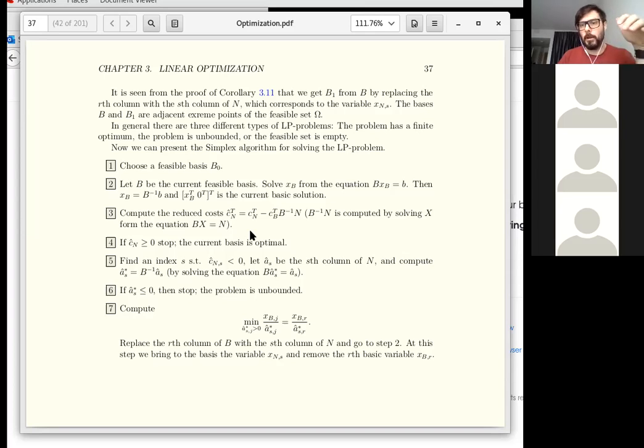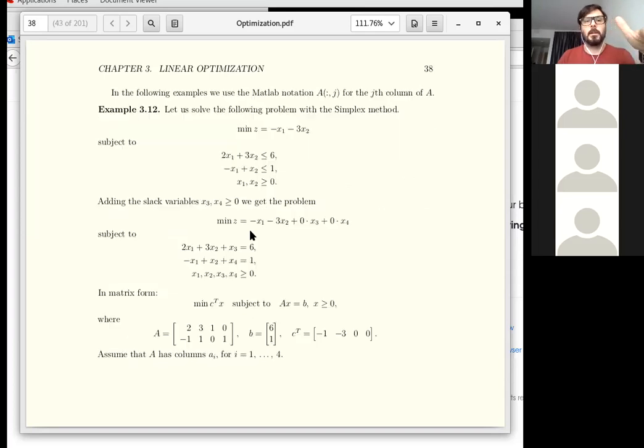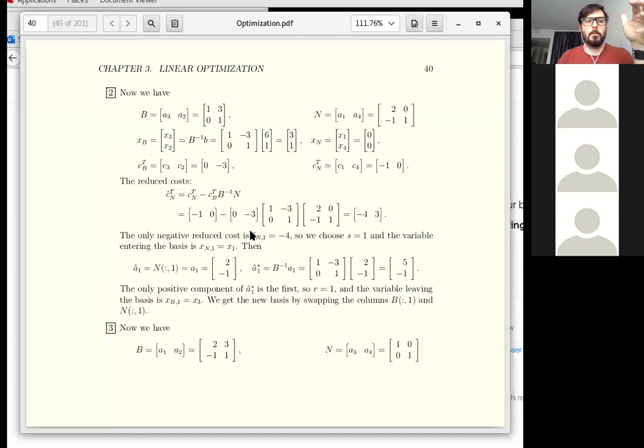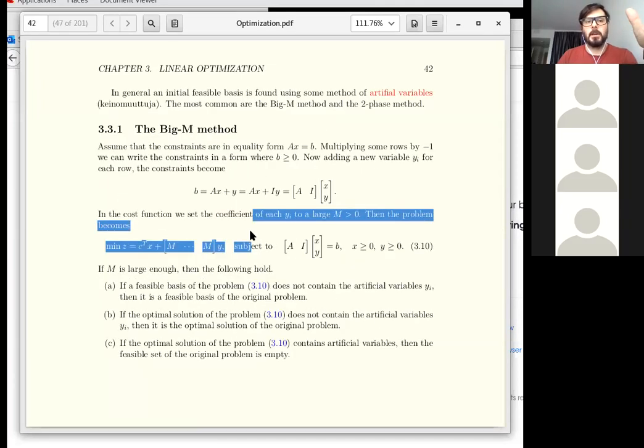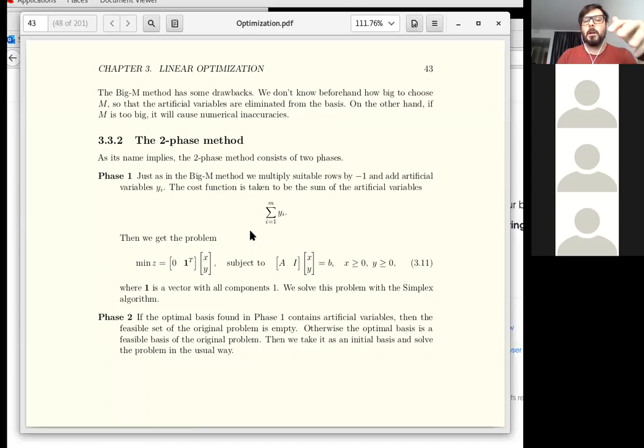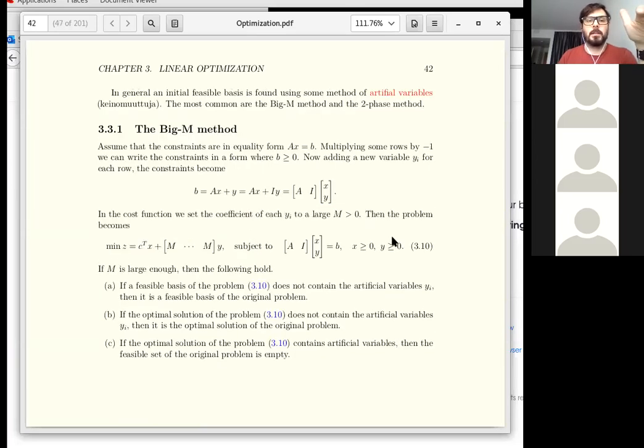And if you don't have a feasible basis to start with, then there were these two modifications that we discussed, either the big M method or the two-phase method, both of which are based on the idea that you introduce new variables that guarantee that you can find an extended problem that definitely has an easy to find feasible basic solution.